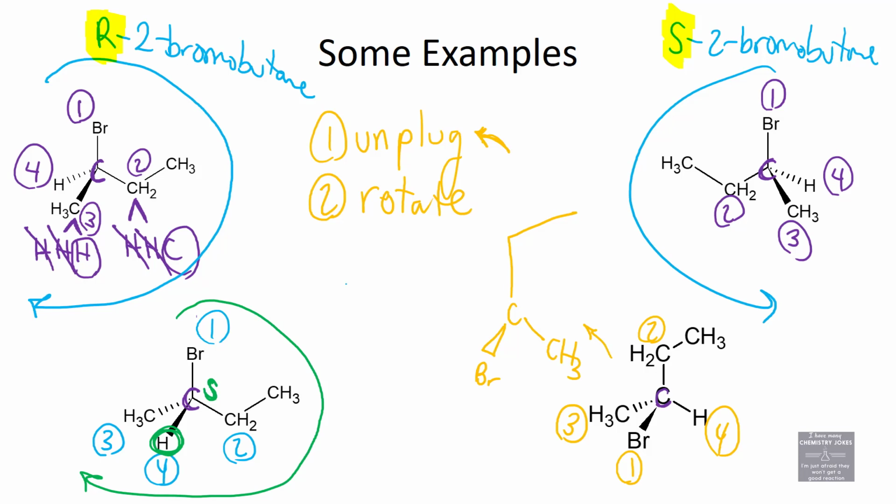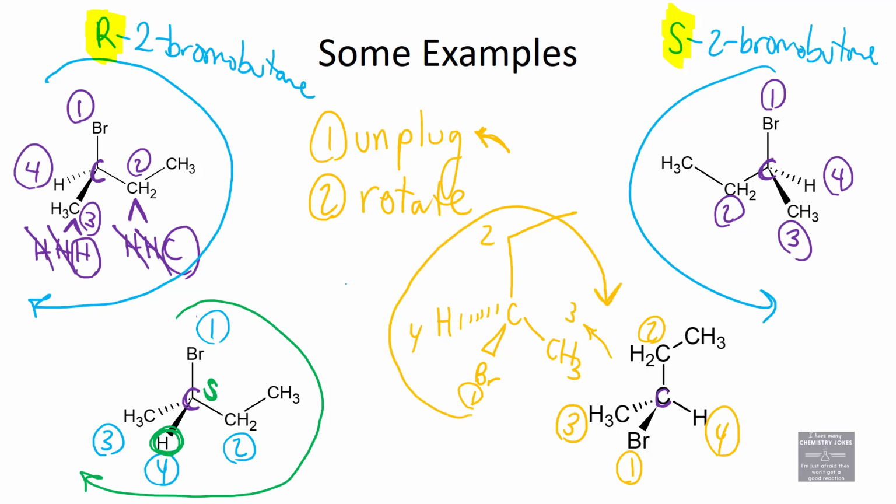So I'm going to plug the methyl in where the hydrogen was, and the hydrogen in where the methyl was. Why would I do that? Because my rules officially say the lowest priority needs to be away from you. So that's why I chose to unplug the thing that was away from me and the fourth priority and swap those. So if I unplug those, 1, 4, 2, 3.